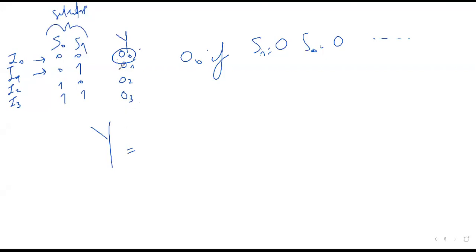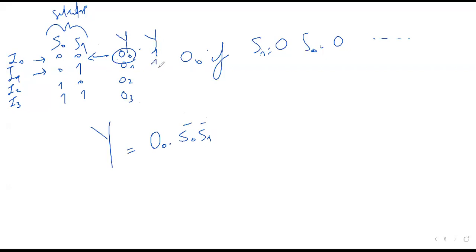There is an output for every input in a MUX. This is output 0. It is my output 0 multiplied by S0 bar, S1 bar. If I had a 1 here, my output is something like this.